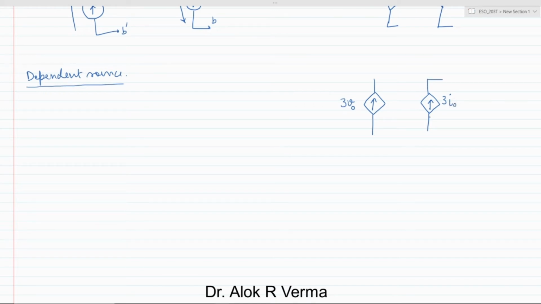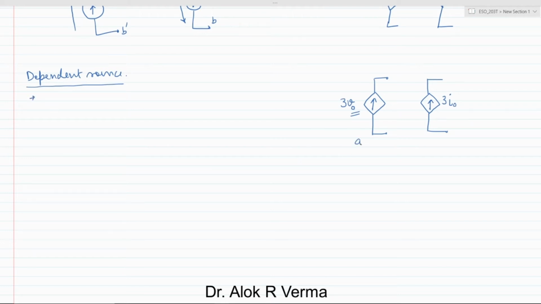Now what do you think? Both are current sources, but they are depending upon what? The magnitude depends upon a different quantity which is a part of another circuit element. So V naught can be another circuit element quantity, and the voltage is taken as the dependent parameter for this current source.